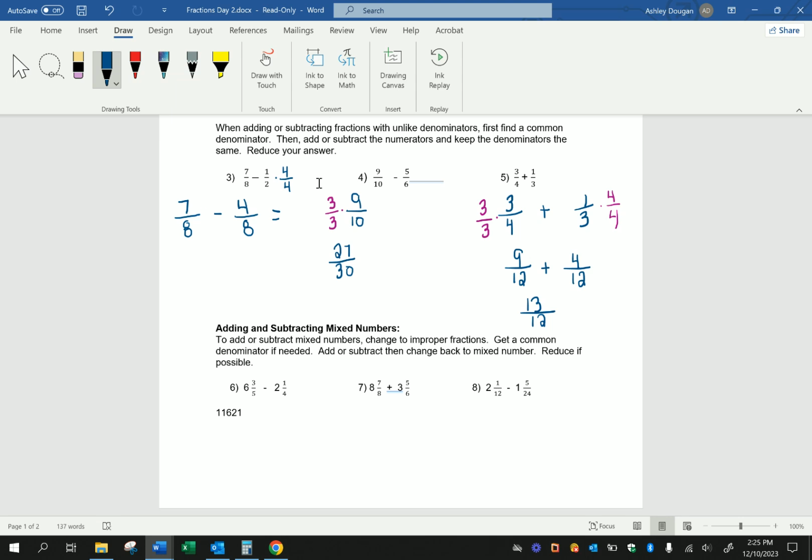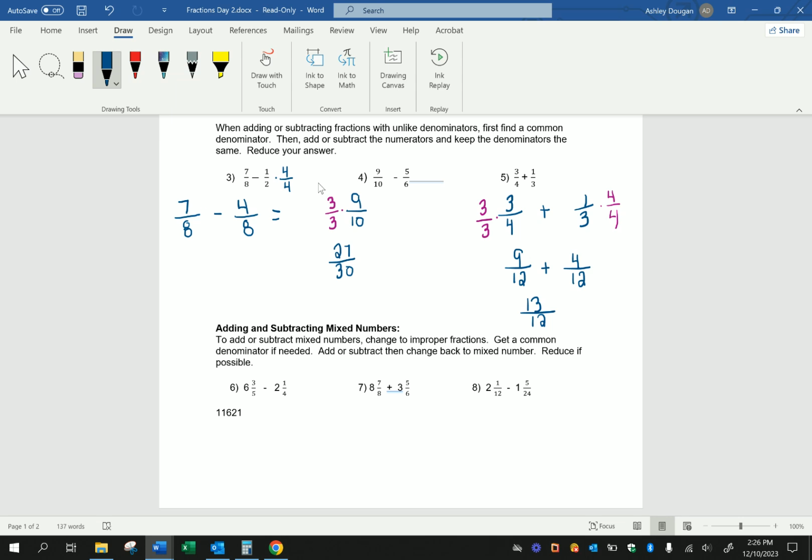Now, this does come out to be an improper fraction. And so on the last video, when we looked at multiplying and dividing, we talked about that if you start with just regular fractions, there's no mixed numbers, it's okay to leave your answer as an improper fraction. Or if you wanted to, you could do long division and change this to a mixed number.